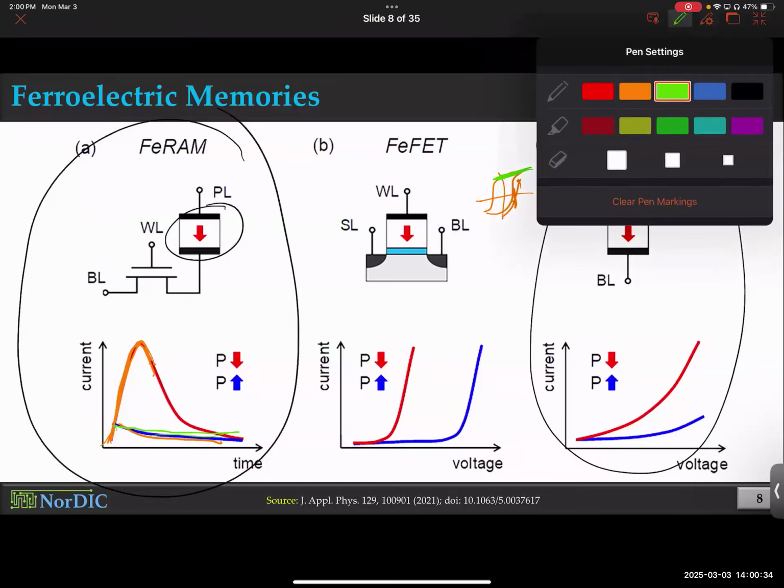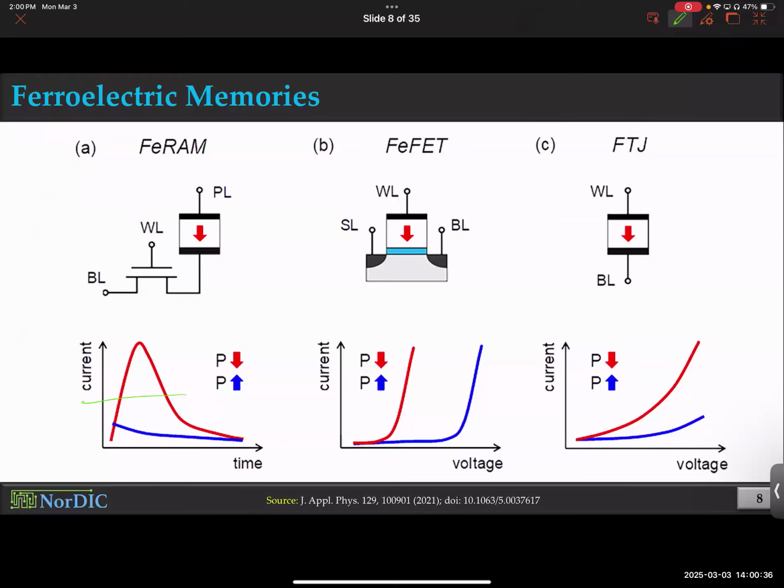And you can now sense between these two lines and see whether or not there was a spike or there was a benign change in current. Now it's with respect to time because it's capacitive current. It's not a resistor, for example. It changes with time. It will gradually charge up or discharge.